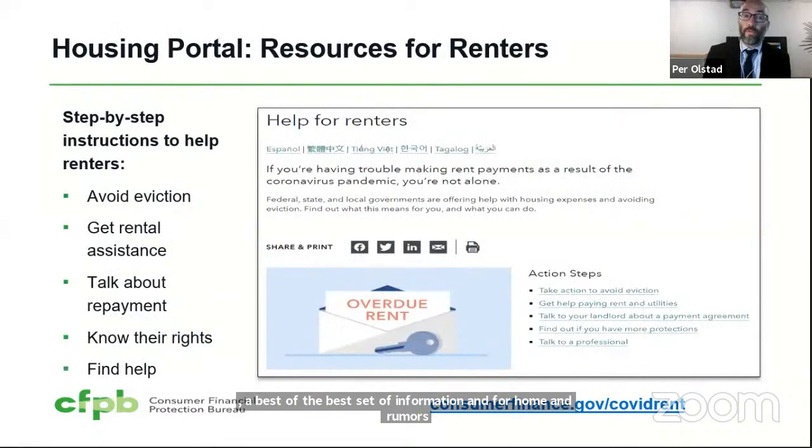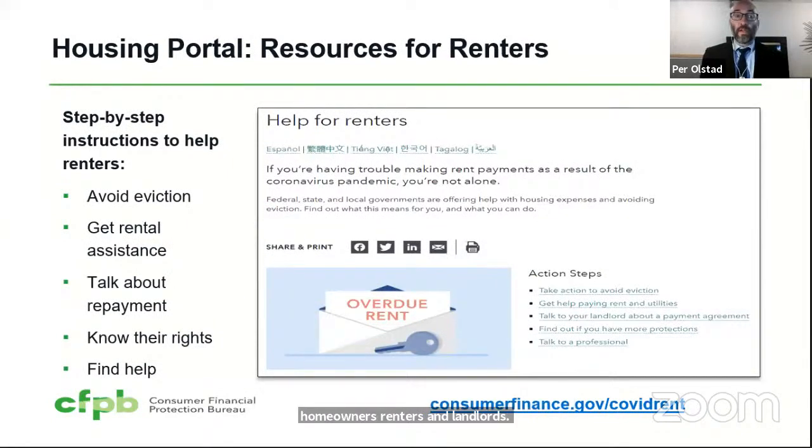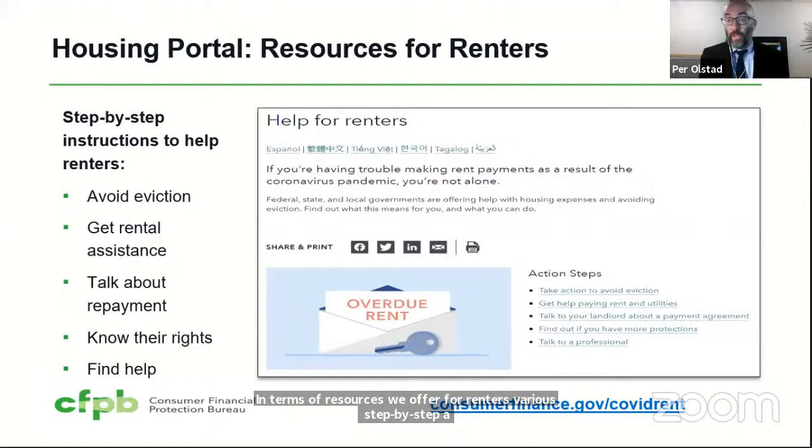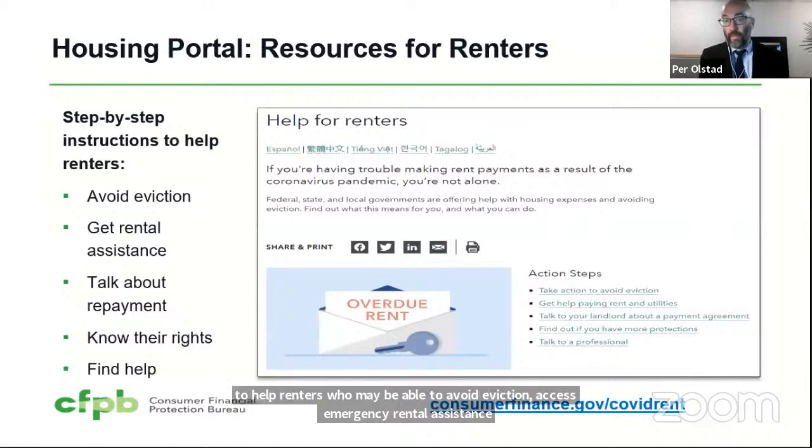In terms of the resources we offer for renters, again, very step-by-step, action-oriented information to help renters who may be able to avoid eviction, to access emergency rental assistance, to engage their landlord about repayment plans or partial payment of rent for at least a short period of time, and to understand their basic rights as a tenant.